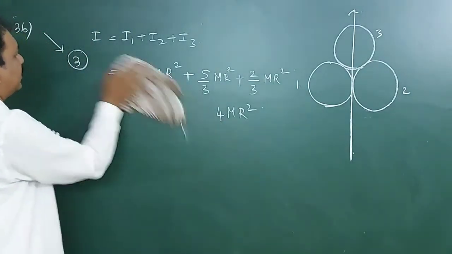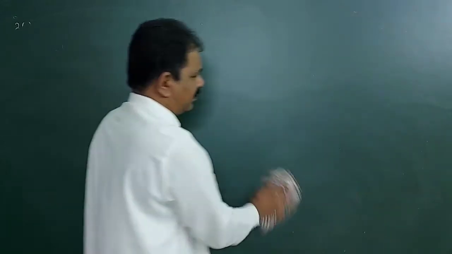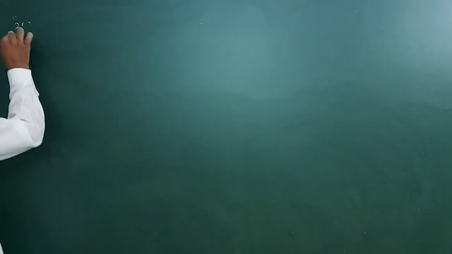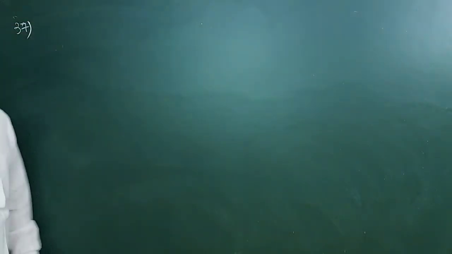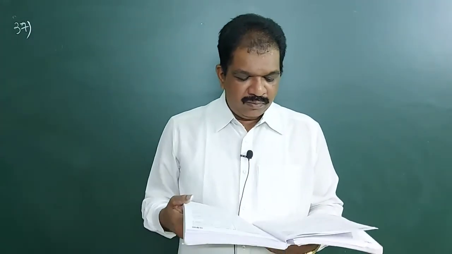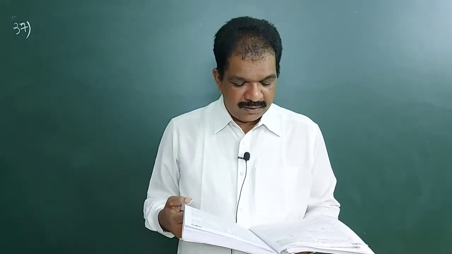Next, 37. What they are asking, see, an automobile moves on a road with a speed of 54 kmph.